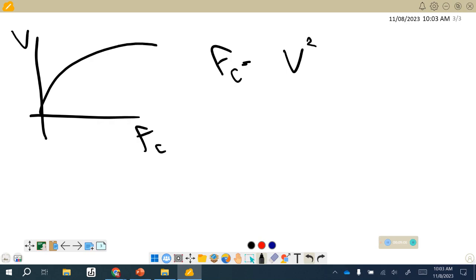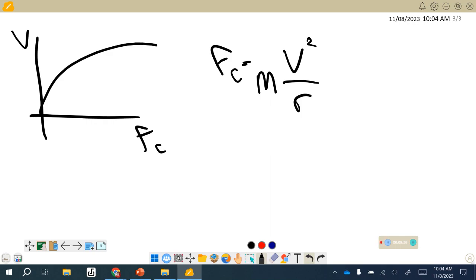Then, if we look at that linearized data for this graph, if we squint real hard, you can see that as we increase radius, the slope of this graph decreases. And additionally, we're going to multiply mass by this. And this is our centripetal force equation.